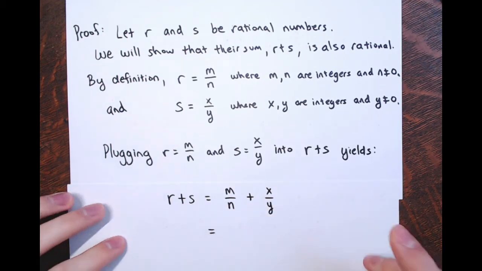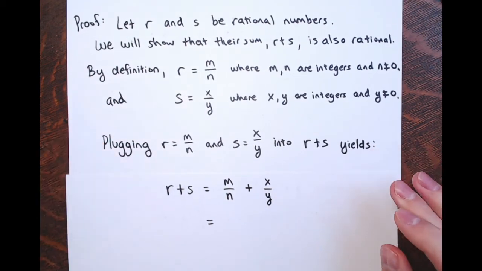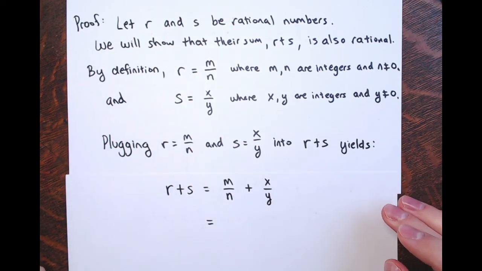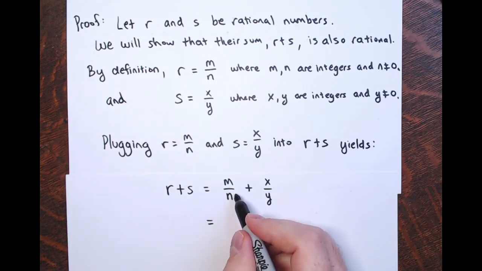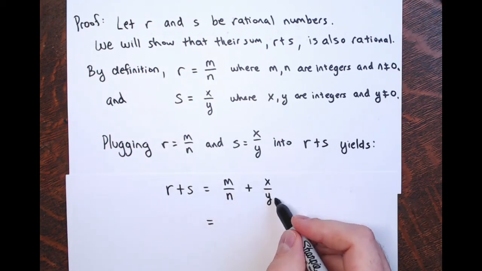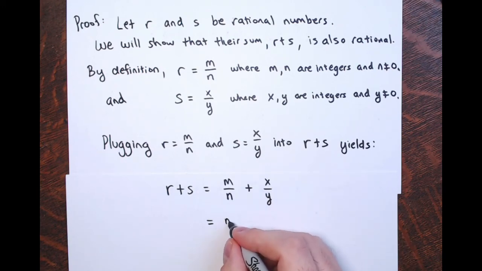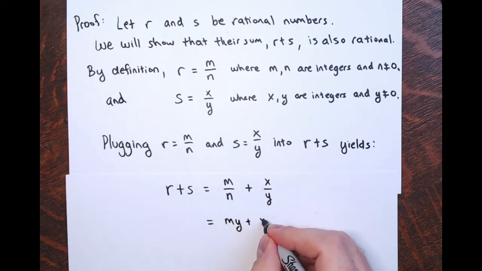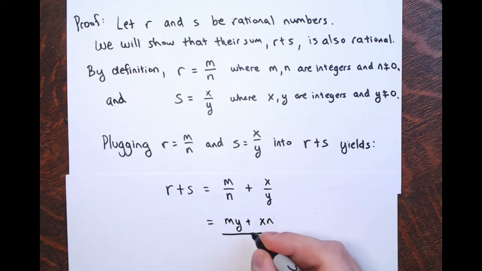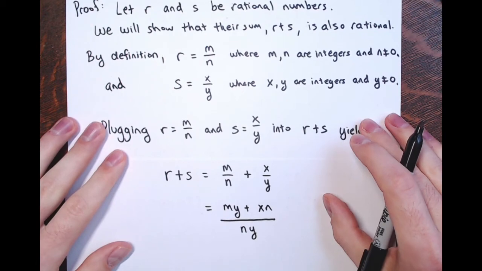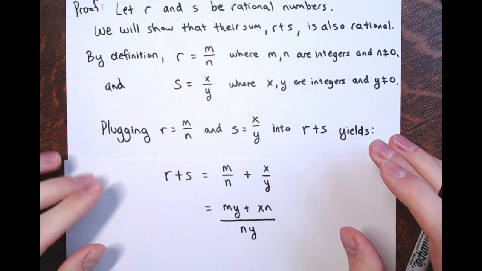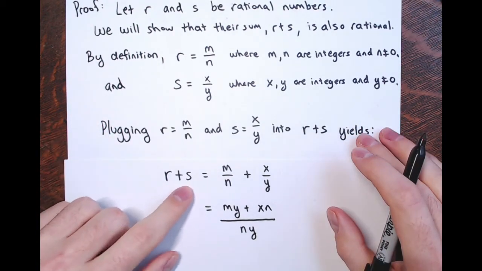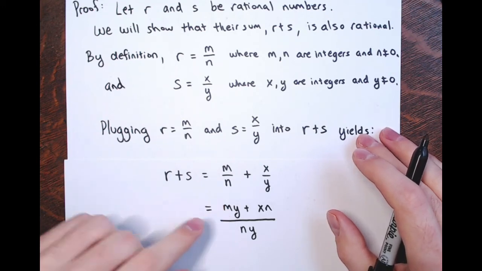And now I'm going through some algebraic steps. Now I'm adding fractions here. Rules of algebra: you can't add fractions unless they have the same denominator. So this I'd multiply by y divided by y, and this I'd multiply by n over n. And we'd have m times y plus x times n over the common denominator of n times y. Now I have to make a few statements. I have expressed R plus S as a fraction, but are these integers? And yes, they would be.